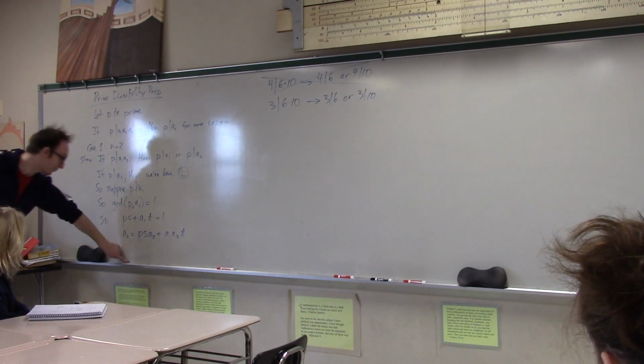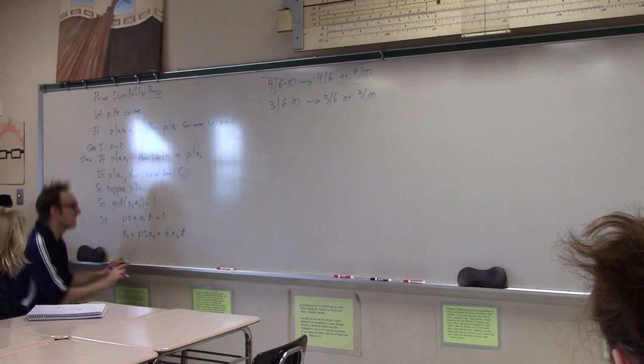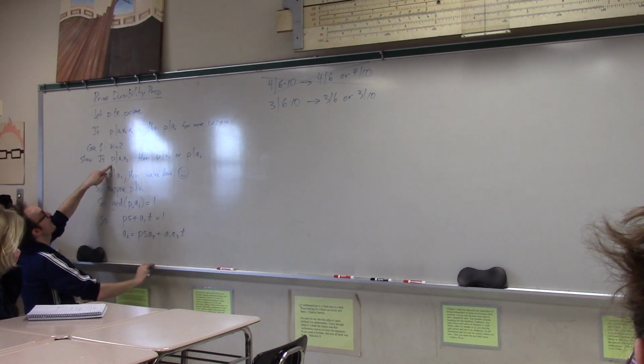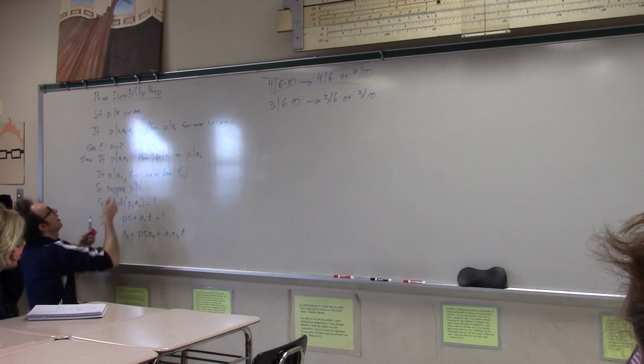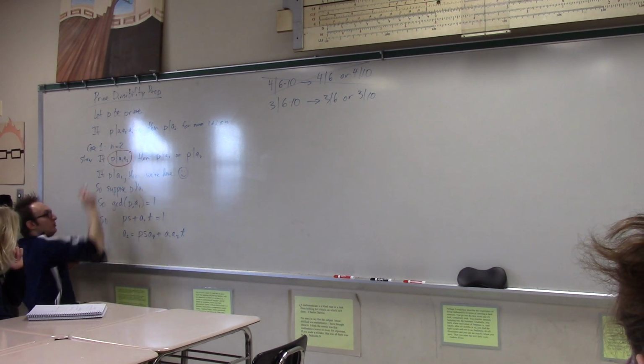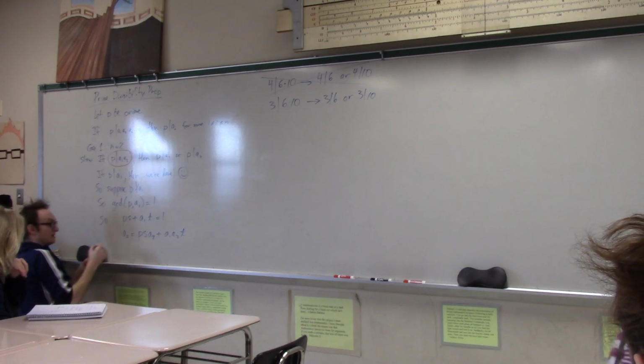Because P divides A1, A2 by assumption. We know that P divides A1, A2, and then it's also clear that P divides this.